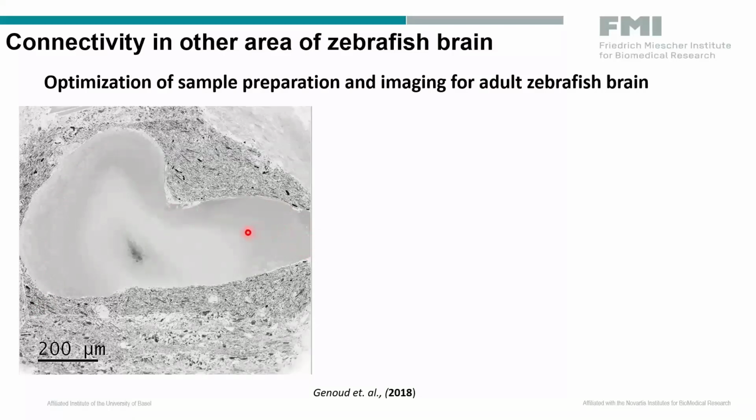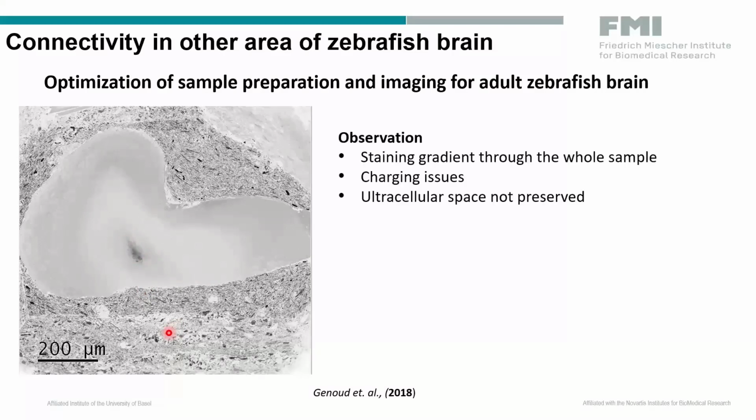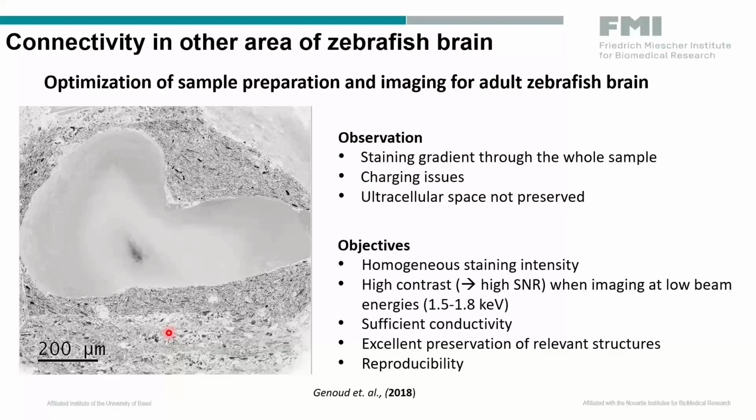But as soon as you go deeper in Z, you see very light parts of the tissue, and here you see even charging at this magnification. For this reason, we observed staining gradients, also charging issues, and when we zoomed into different parts of the tissue, we also saw that the extracellular space was not preserved.